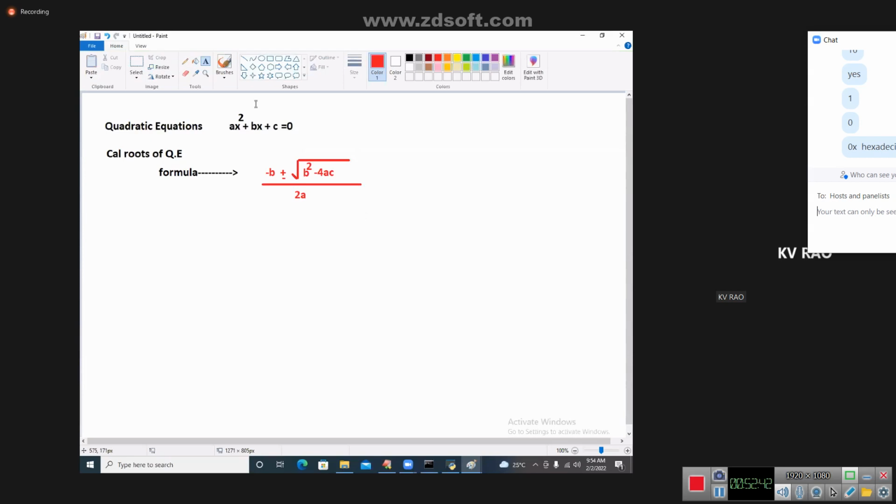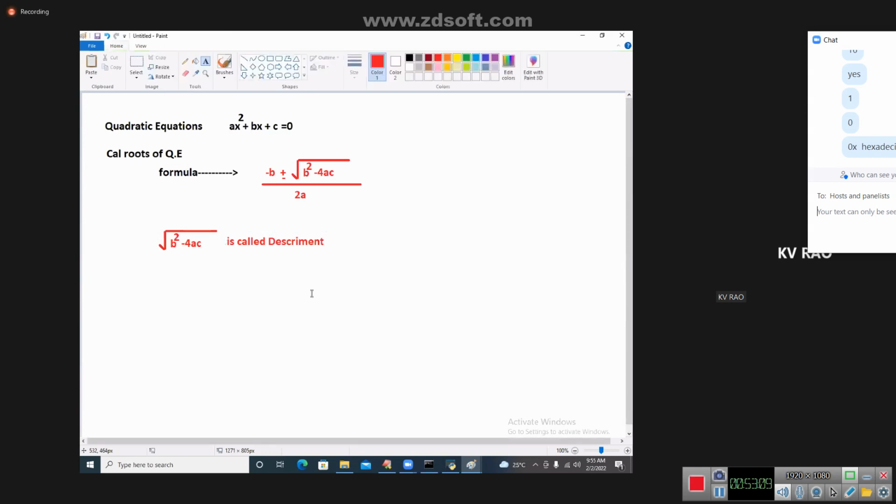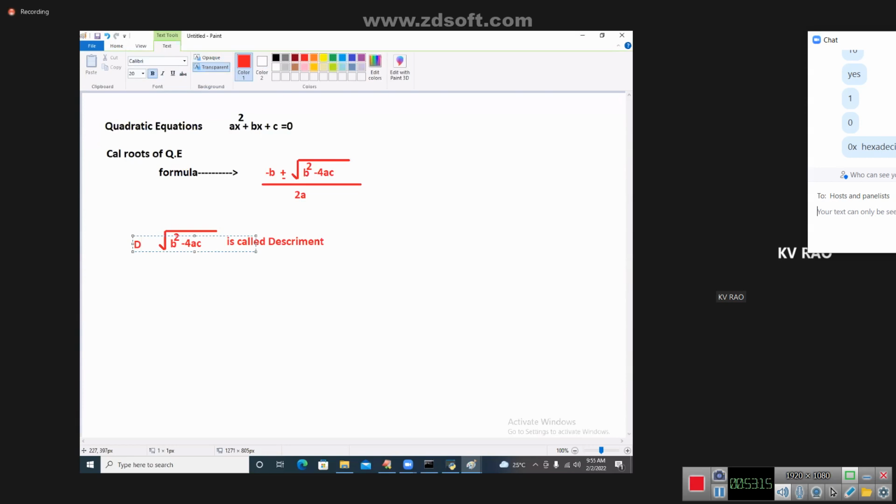Here, if you look at this partition, square root of b square minus 4ac is called the discriminant, which is indicated by D. Mathematically, it is called D. You already studied this in our school days. I need not tell you today about the school days concept.